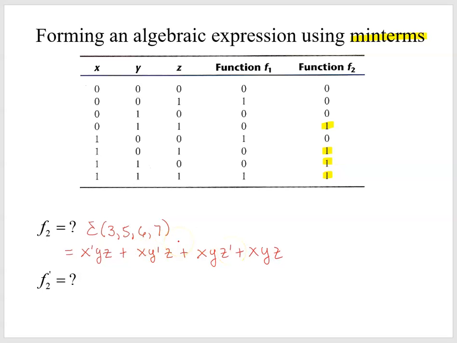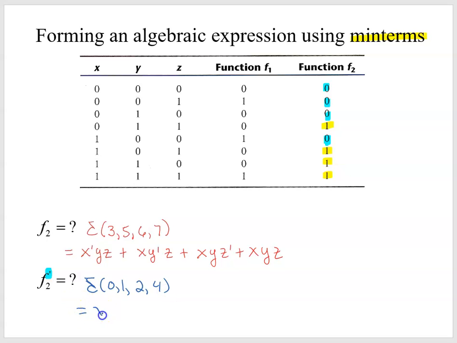As long as we know those min terms. If we want to do F2 prime, we just pick the zeros. So we pick the zeros, and we still use the min terms. So it's going to be the sum of 0, 1, 2, and 4.